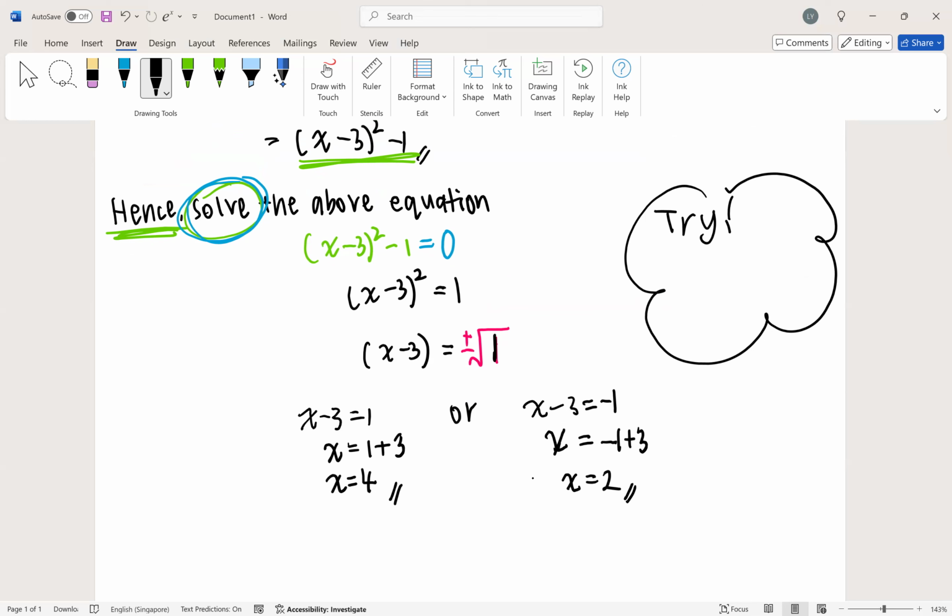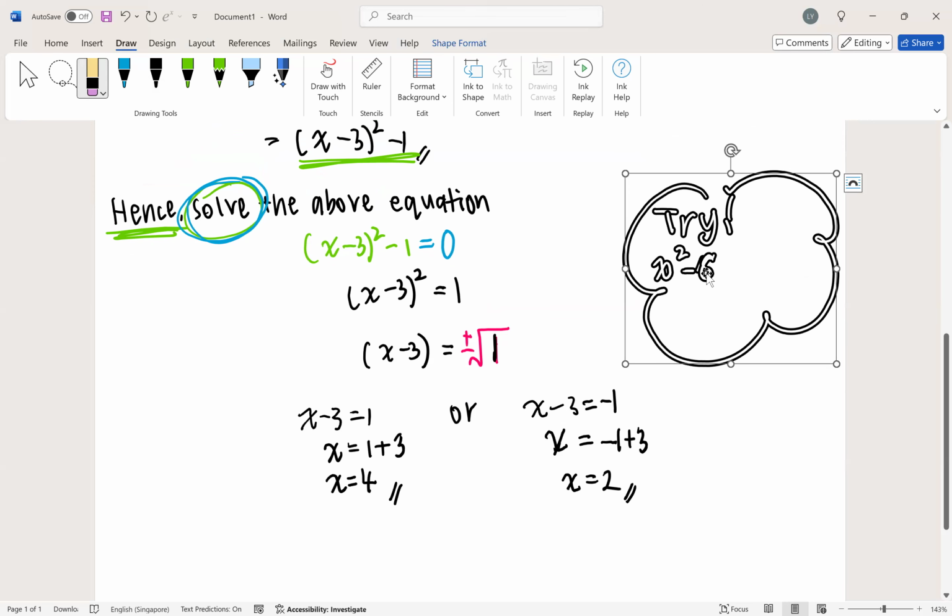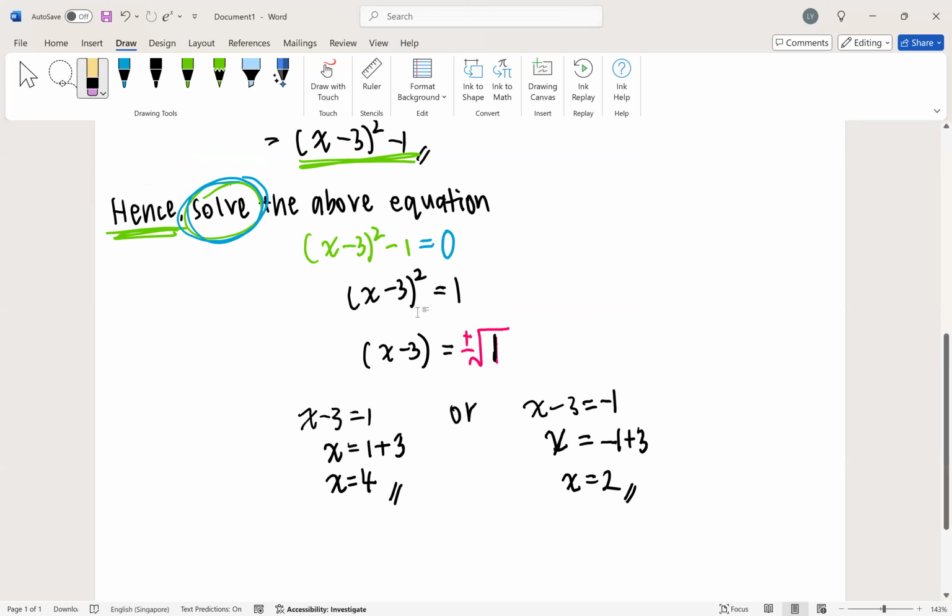Try. Okay. Not able to write. Help. So try x squared minus 8. Oh my God. Help. What's going on?